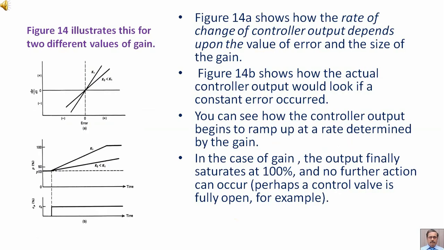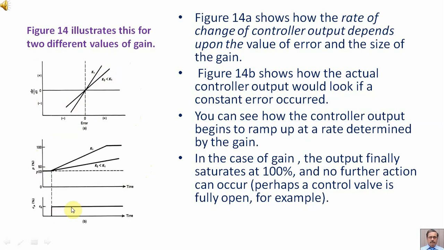Figure 14a shows the rate of change of controller output depends upon the value of error and the size of the gain. If the gain is more, the rate of change is more. Figure 14b shows how the actual controller output would look if a constant error occurred.